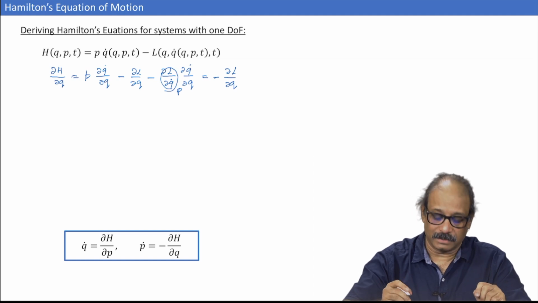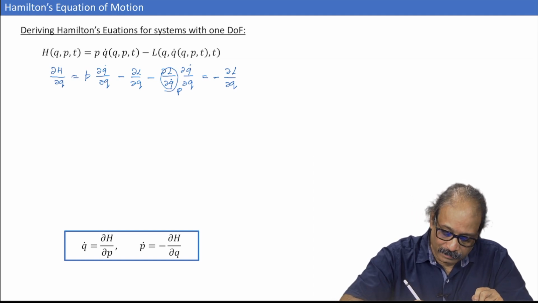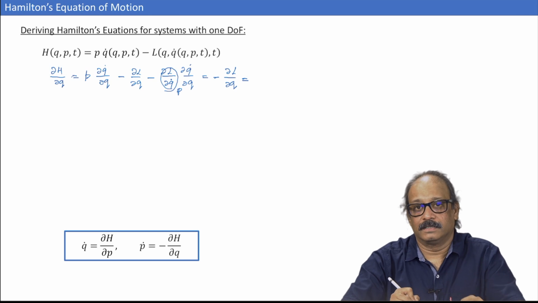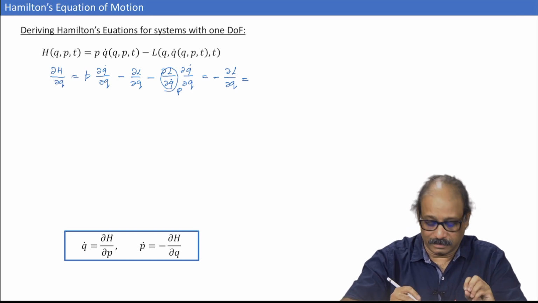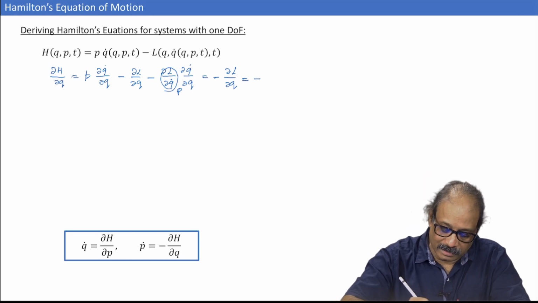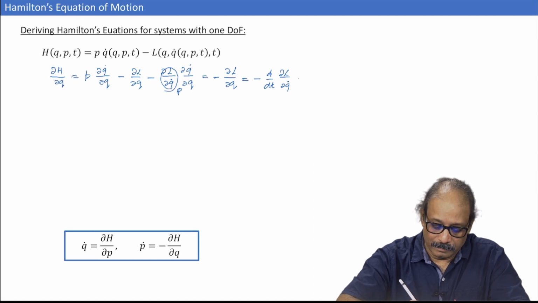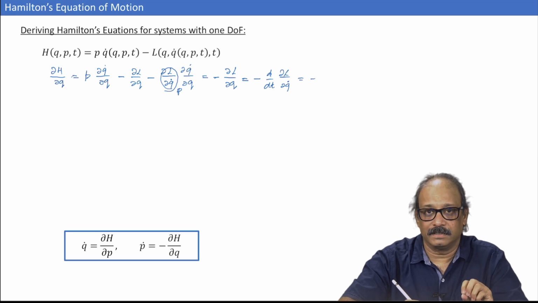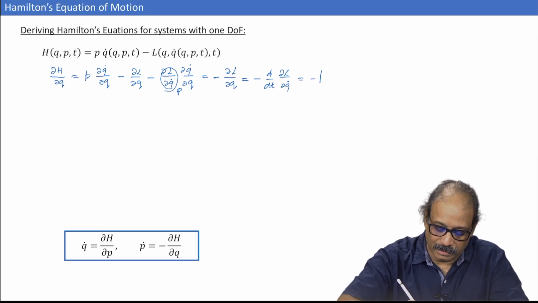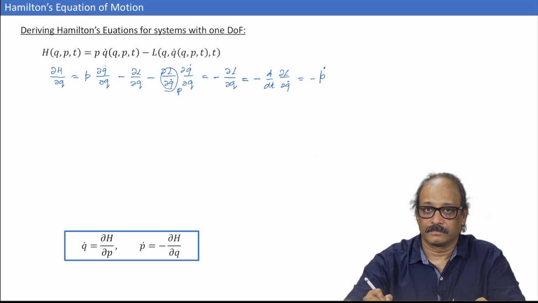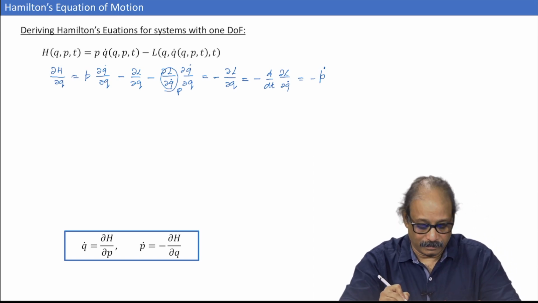Okay. So, they mean different things. Now, I will employ here the Lagrange's equations, in which case this is nothing but minus d by dt of the partial derivative of L with respect to q dot, but this is nothing but minus d by dt of p, which I will denote as p dot. Okay. This is one equation.